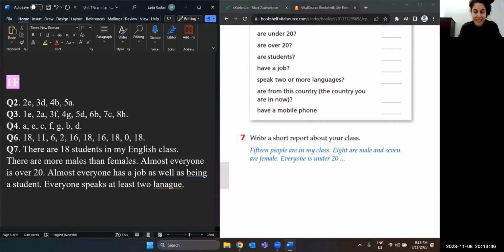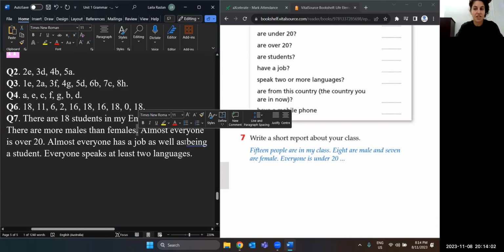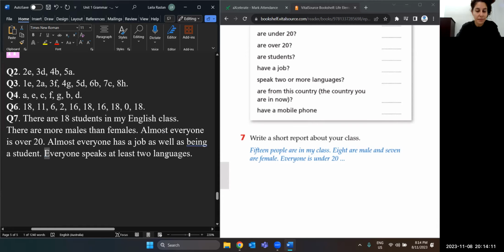Everyone speaks at least 2 languages. So you can see how every time I put a full stop, I'm giving different information in my next sentence. So it's very important in English to use full stops. I start the sentence with a capital letter. And I'm talking about present simple. I'm using a lot of present simple verbs.